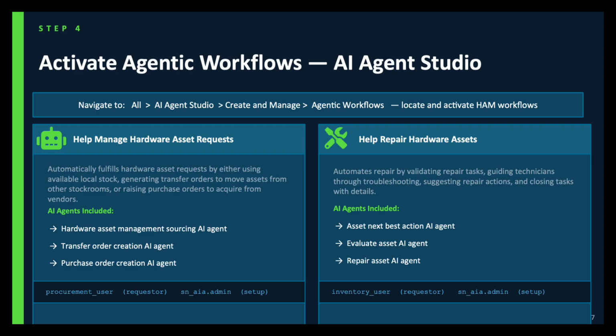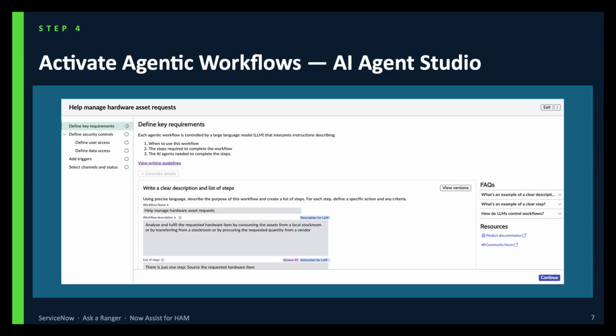So, let's navigate to these agentic workflows, and we want to make sure that these are both active. Let me show you what the activation looks like. This is the help manage hardware asset requests, and this is what you're going to see as you start to get into it. Every agentic workflow is driven by a large language model reading plain language instructions, and three things: when to use the workflow, the steps to complete it, and which agents are needed.